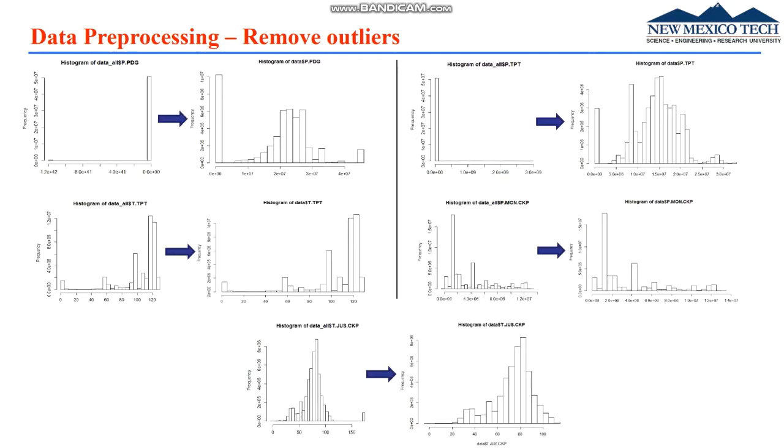This is the result before and after we apply the data preprocessing technique. You can see that p.pdg is the first feature and so on. You can see that the distribution becomes more consistent, and we can use it to build the predictive models after data processing.